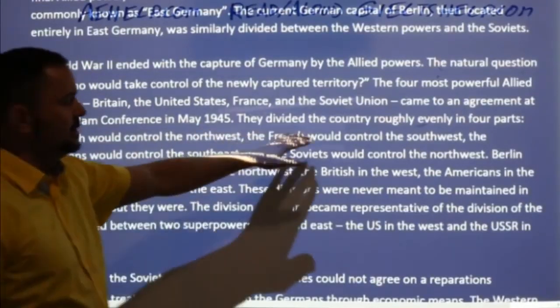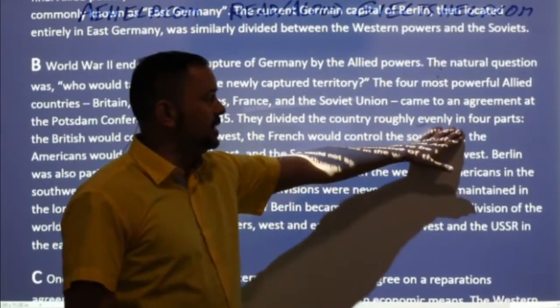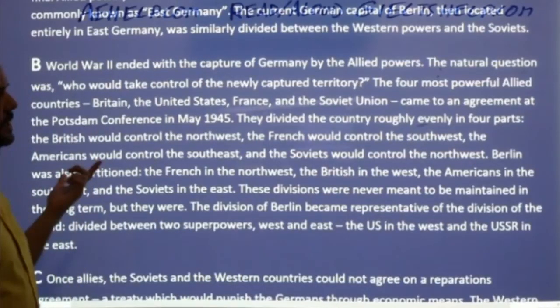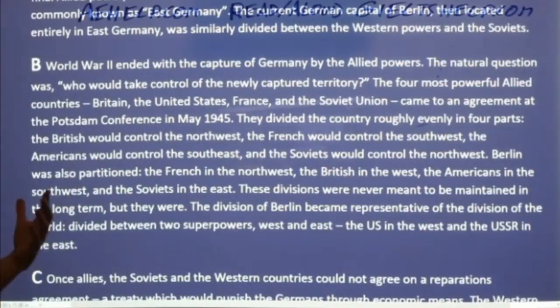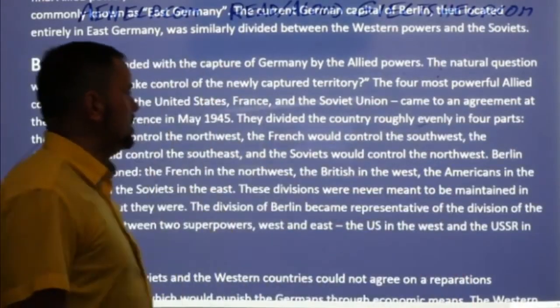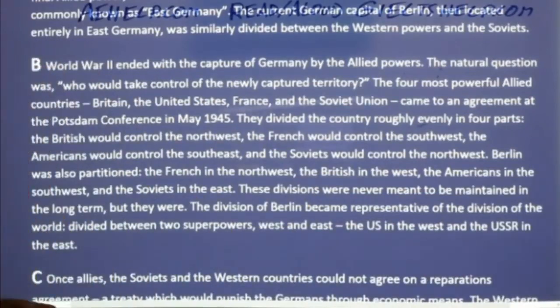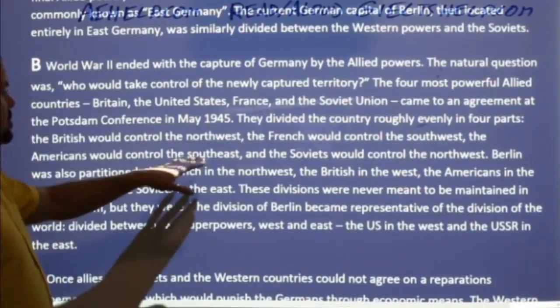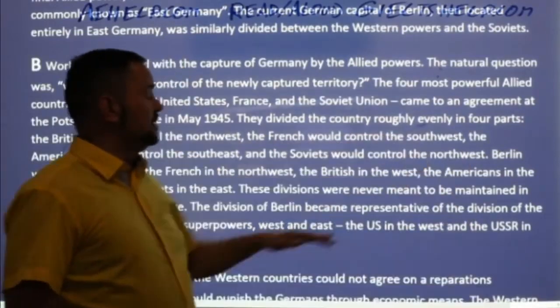They divided the country roughly evenly into four parts. Notice something interesting, students, that we said a treaty, and instead of a treaty, we just saw that word agreement that I paraphrased during the questions right here. So that's how much that paraphrasing can help. All right, so they divided the country roughly evenly into four parts.